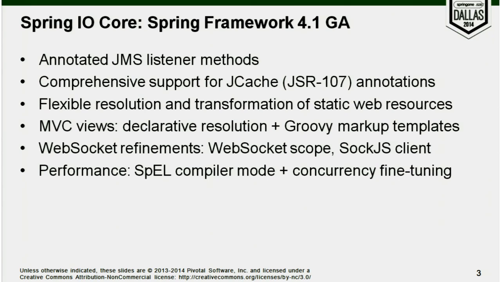We've had a basic infrastructure in that space, but we are really taking it to another level in the 4.1 generation here. There's quite a bit of stuff in the MVC view space. I'll be covering a bit of that as well. I'll explain that best with an example. There's other stuff, Groovy markup templates, support for Jackson's JSON view mechanism. There is a lot to discover in the 4.1 release, just in the WebMVC, web view space.